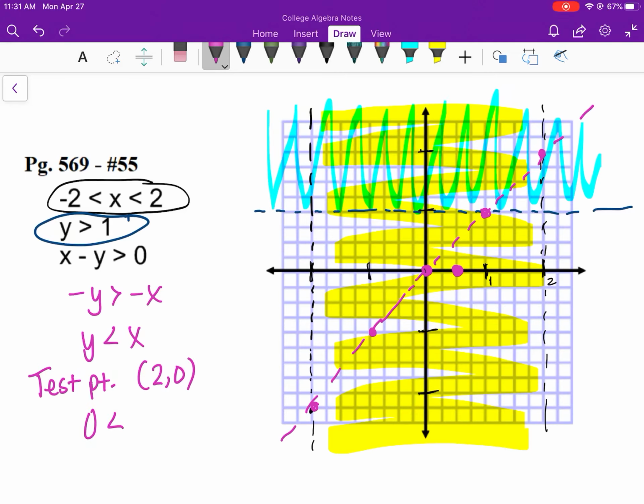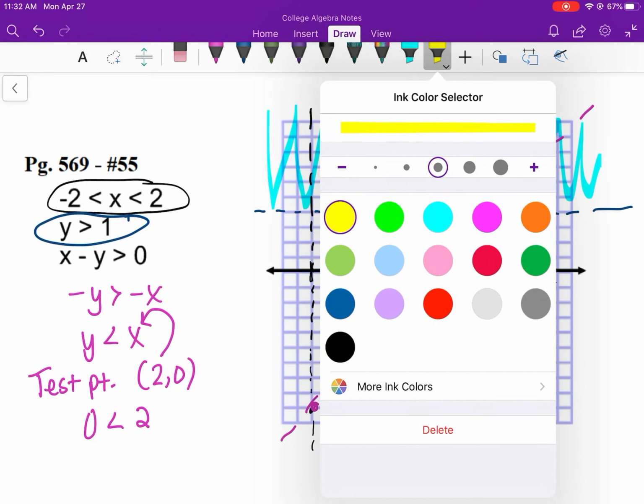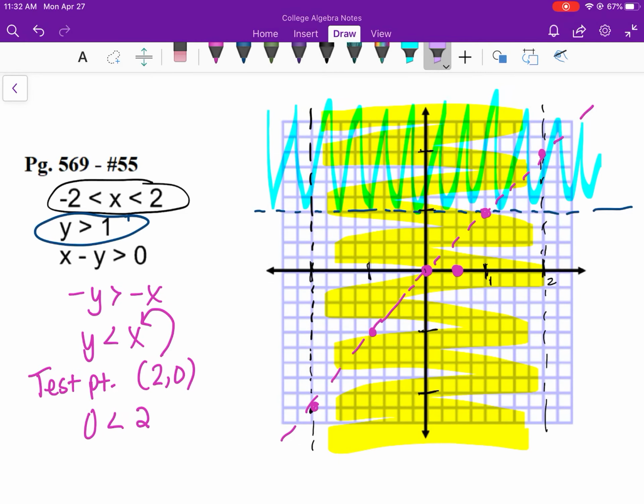Is 0 less than 2? So I plugged my 2 in for x, my 0 in for y. Is 0 less than 2? And the answer is yes. So I'm going to shade now, let me pick up a different color, underneath my line. So purple.